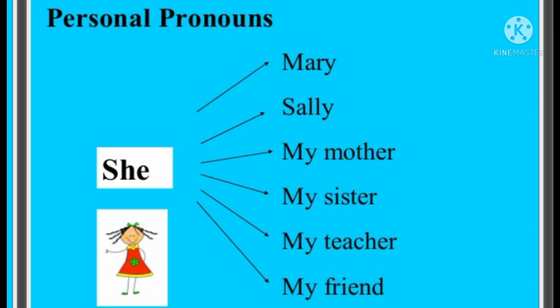For example, Mary is very intelligent. She tried her level best. Instead of Mary, in the second sentence we have used she. So instead of all these feminine nouns, we are able to use she.